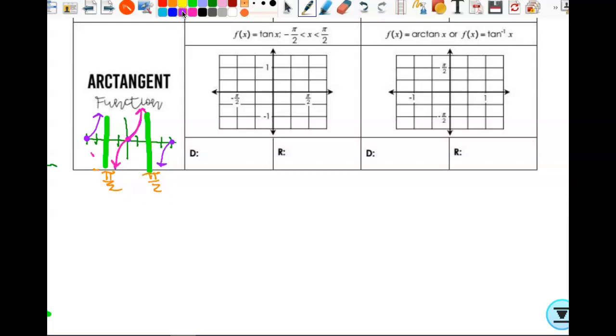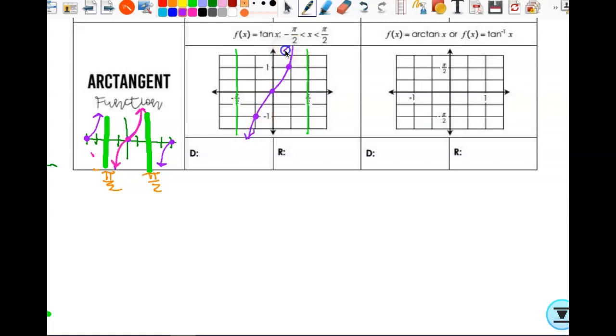So at negative pi halves, I have an asymptote. At pi halves, I have an asymptote. At 0, I'm at 0. At pi fourths, I'm at 1. At negative pi fourths, I'm at negative 1.